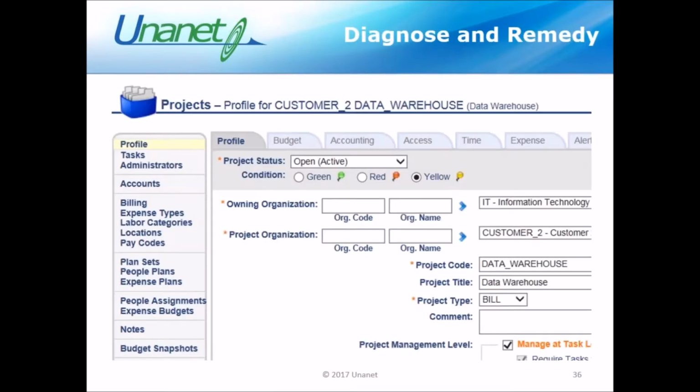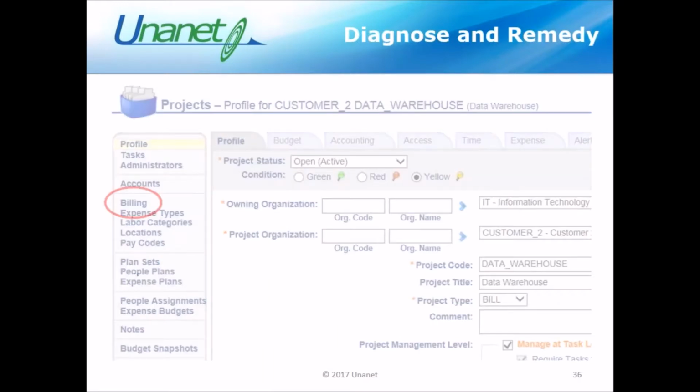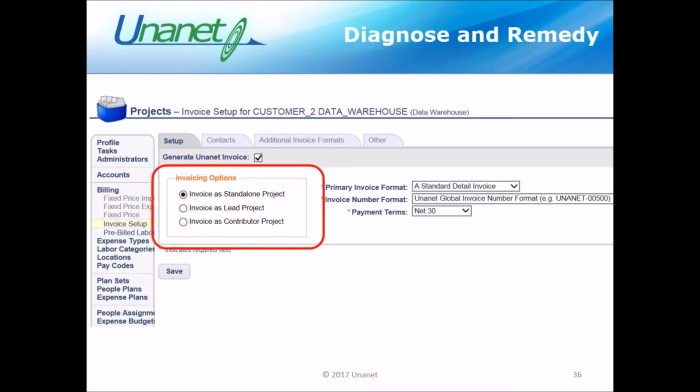For each project, you can see I have my project profile open. We would go ahead and set up the billing attributes from the billing menu on the left, and we looked at that in some of our prior scenarios also. When we click into the billing menu, the setup tab gives us options to invoice this project as a standalone, or we can group projects together by identifying a lead project or contributor projects.